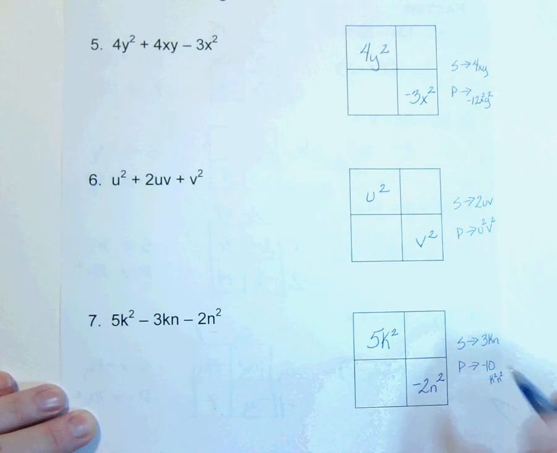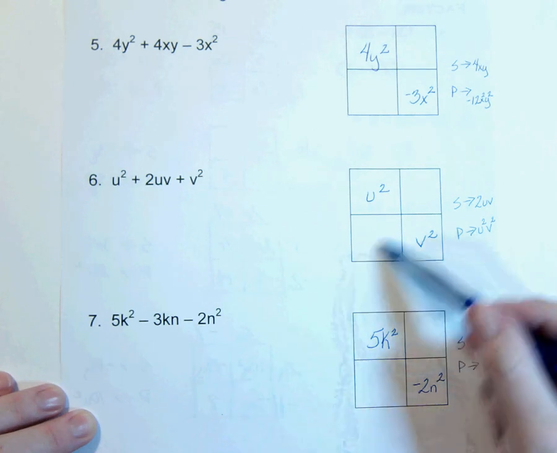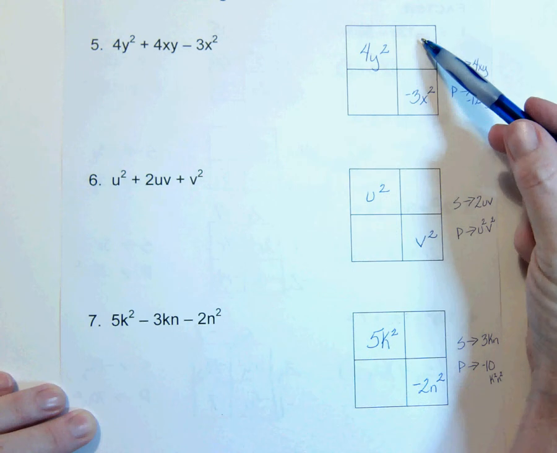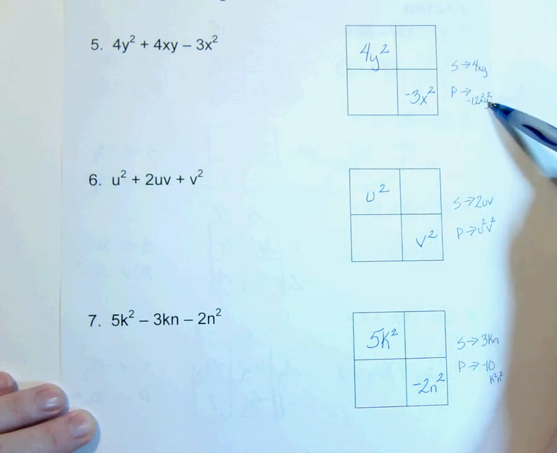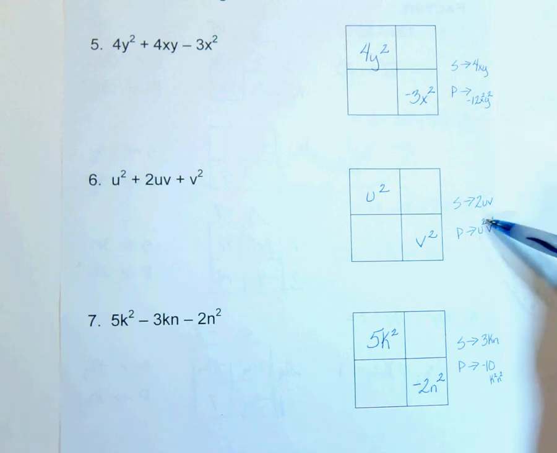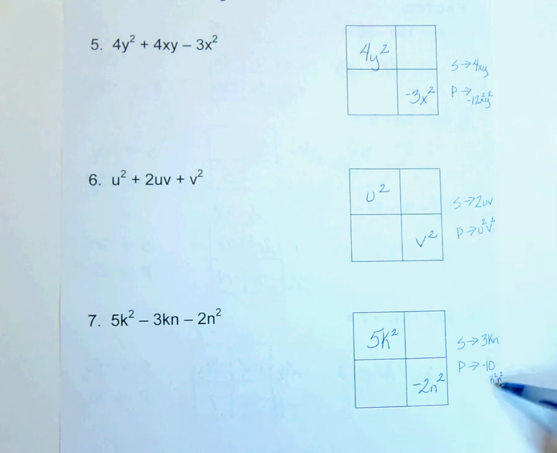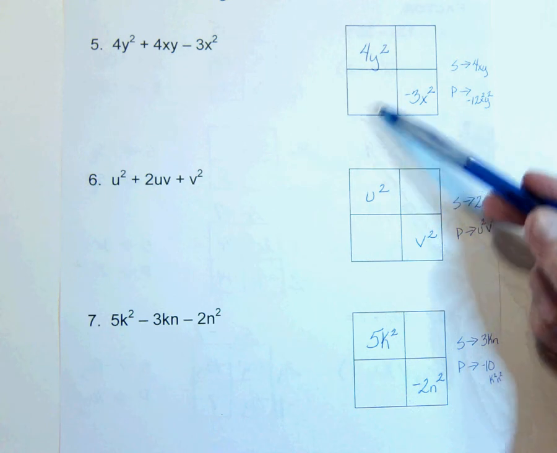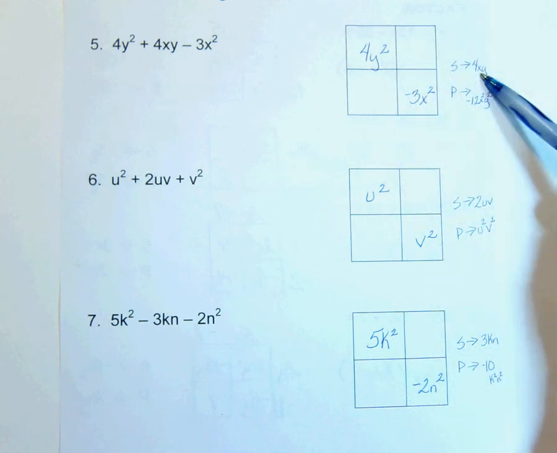And again, you want the products going this direction in the diagonals that have been left blank to also be the -12x squared y squared, u squared v squared, and -10k squared n squared. All of that's gone this way, but you also know that their products are going to be that way. You're just looking at the sums too.